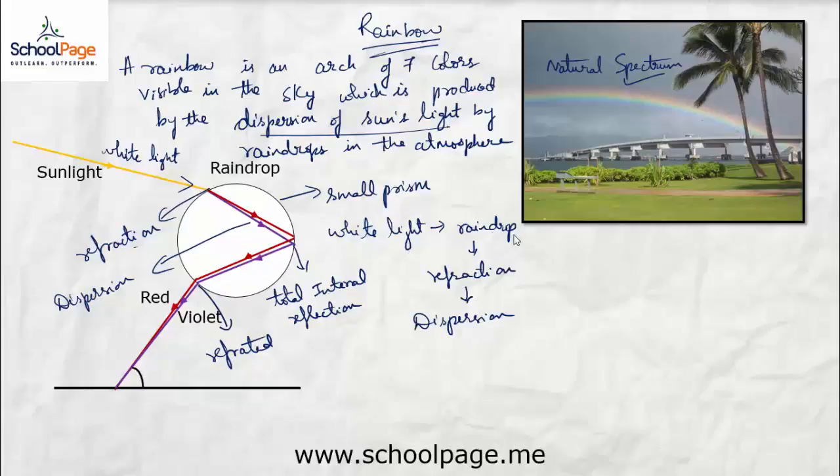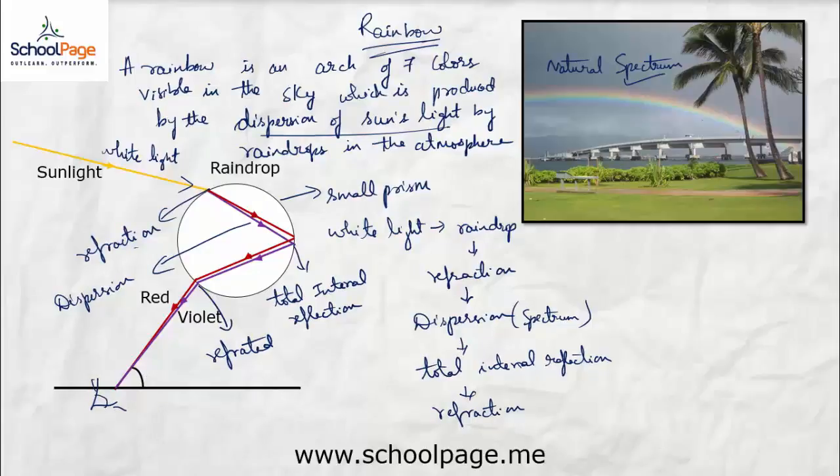White light enters into the raindrop, refraction takes place, and then dispersion takes place to form spectrum, and then total internal reflection, and then again refraction. And you could imagine a person standing here, this is the eye of a person, and looking at the sky, he is able to see the rainbow.